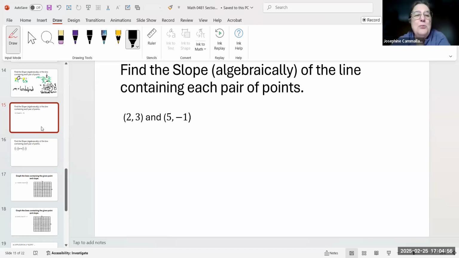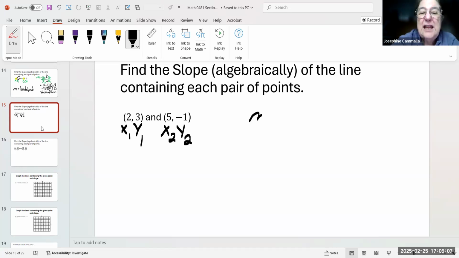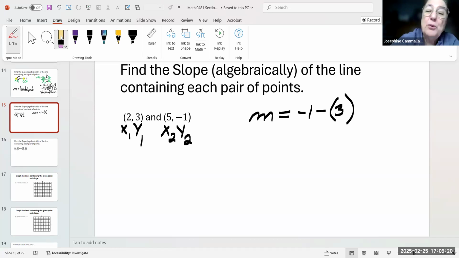Okay. Now, I got 2 more to do. And this is x1, y1, x2, y2. Now, I'm just going to write the fact that I remember the formula is y2 minus, now, this 3, you could either put in parentheses, but since it's positive, we know that 3 is going to become negative.